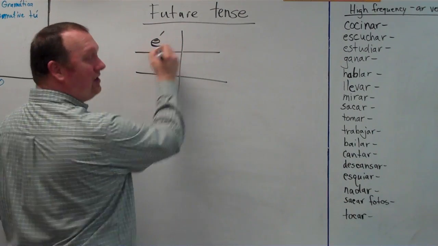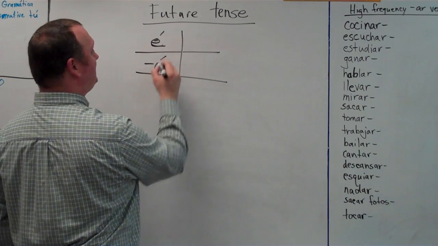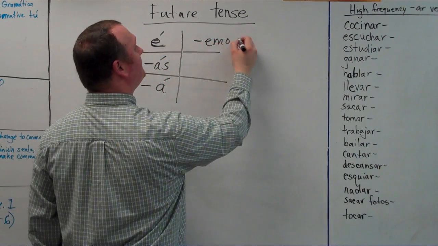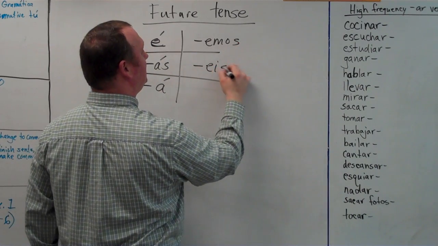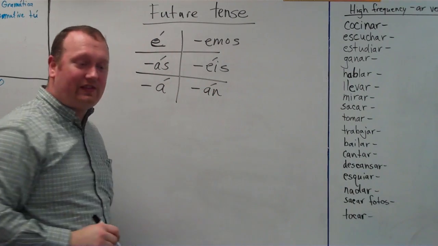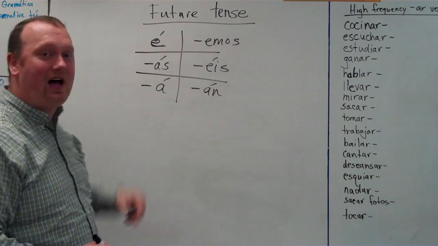É, that's the letter E with an accent. Ás, emos, éis, án. And notice that they all have accent marks. They all have accent marks. Ás, emos, éis, and án.